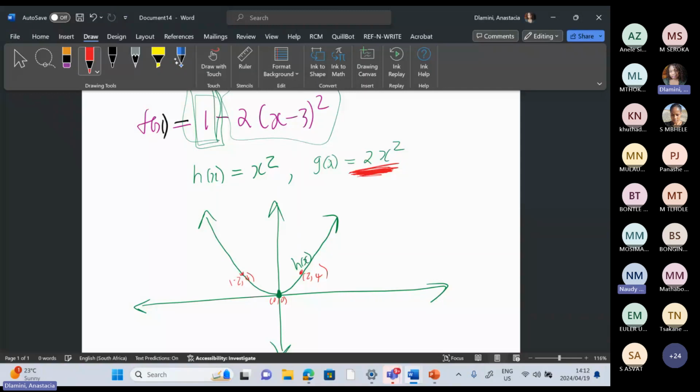The x value remains the way it is, but the y value will change. So multiplying by 2, this will be -2 and 8. Multiply by 2, still 0 and 0. And this multiplied by 2 will be 2 and 8. So our new graph will be like this. Are we together, guys? Yes, ma'am.